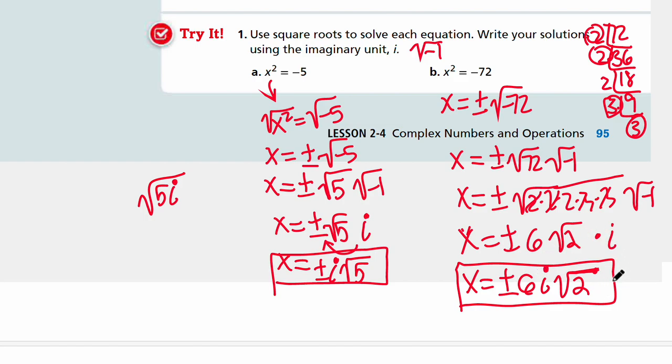Okay, so if you have any numbers that are factored out from the square root, write them in front of the square root. Okay, so that was example 1. Try It number 1. We learned how to solve equations involving imaginary numbers. Let's continue with example 2 in the next video.